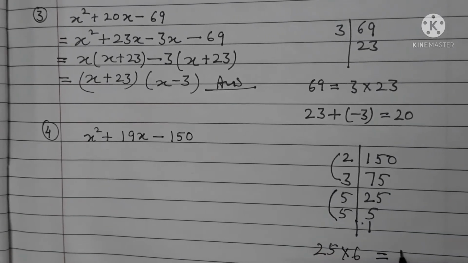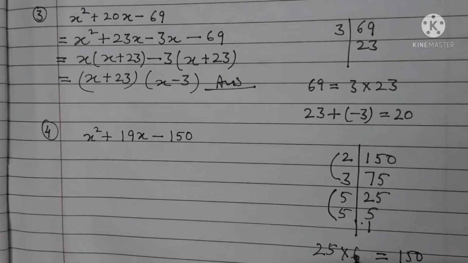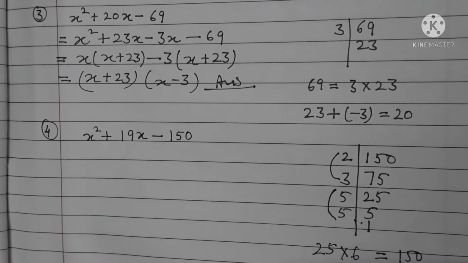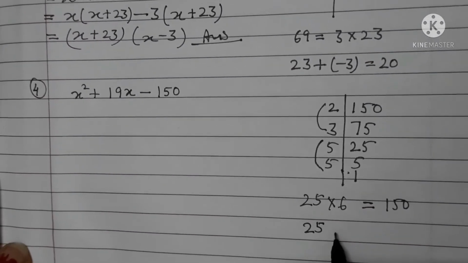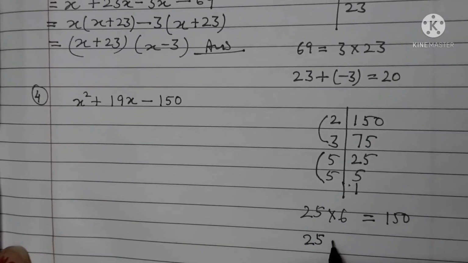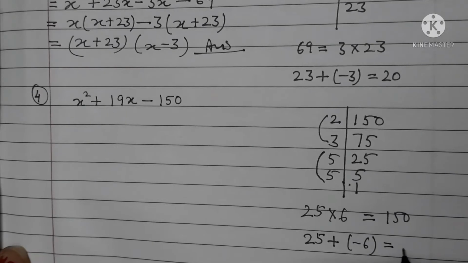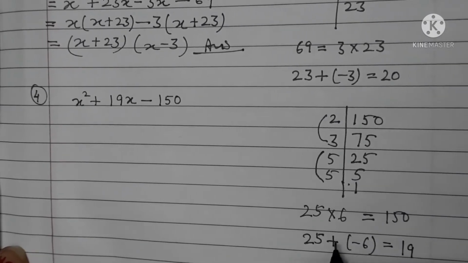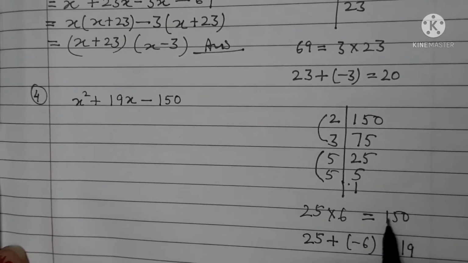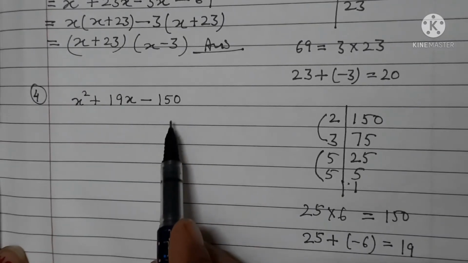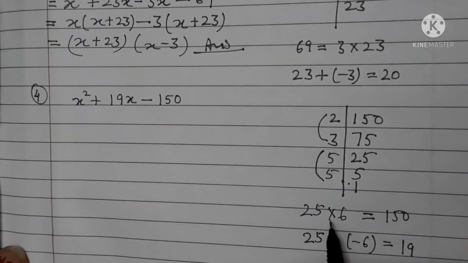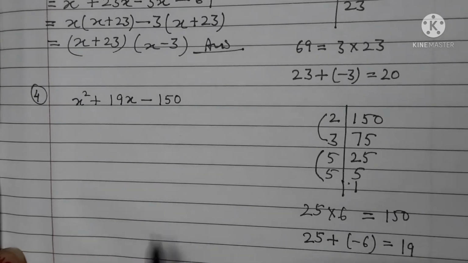You will get 150, and when you subtract, or we can say add like this, 25 plus minus 6 is equal to 19. So here the product is 150 and the sum of these two numbers is 19.